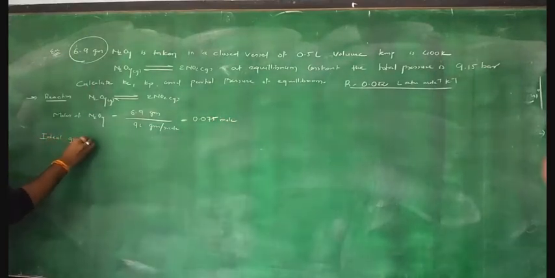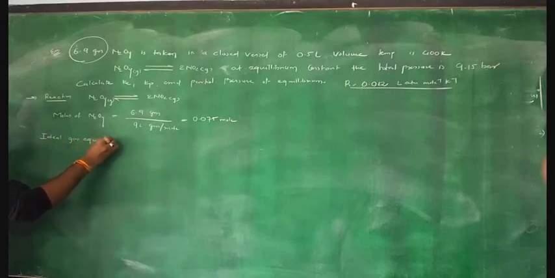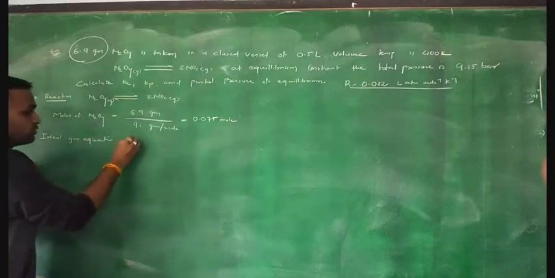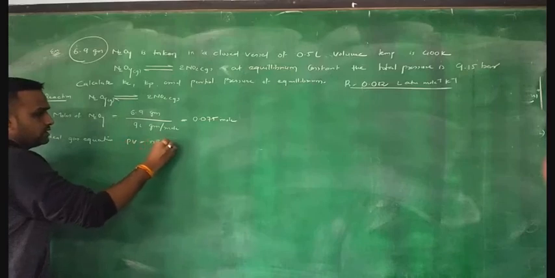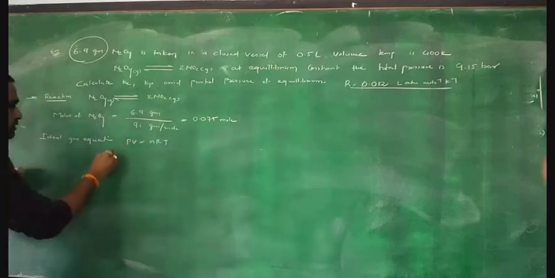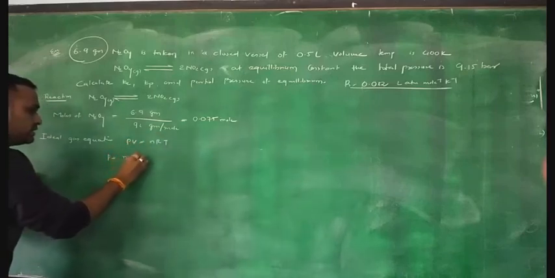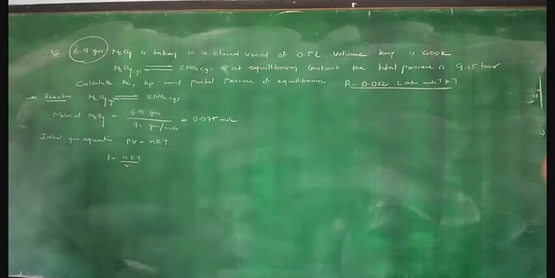Now you all know according to ideal gas equation, PV equals to what? nRT. Right? Hence P equals to nRT by V. Understand?